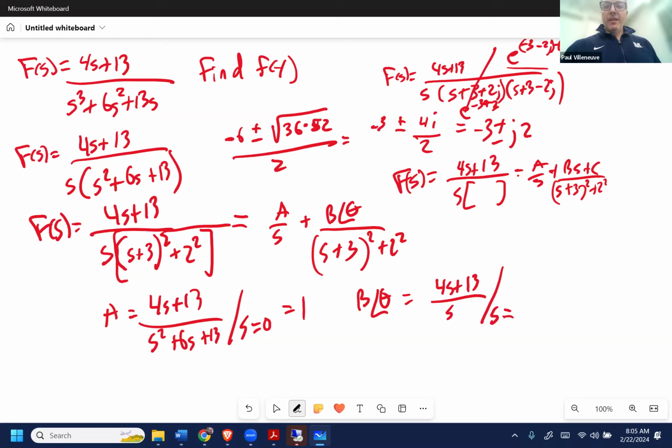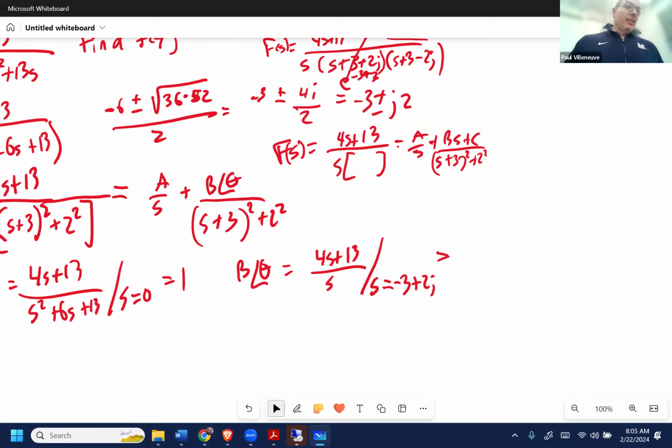So minus 3 plus the positive of the 2j. And when you did that, you ended up with 2.24 at an angle of minus 63.4 degrees.